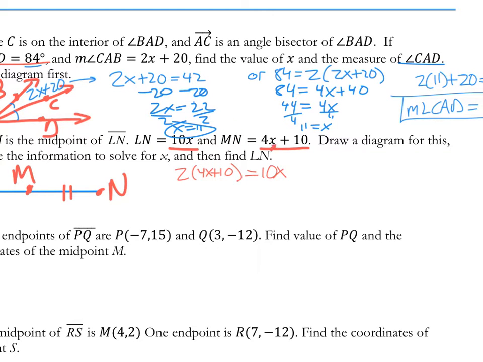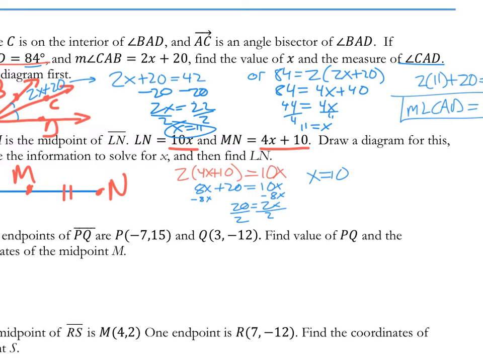All right, so this is only half, so we've got to double this to get this, and we've got to build our equation that way. Now it's all algebra. So distribute: 8x plus 20. Let's subtract the 8x from both sides, and 20 equals 2x. And if we divide that by 2, we get x equals 10.